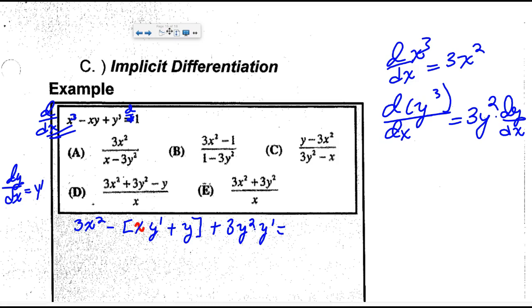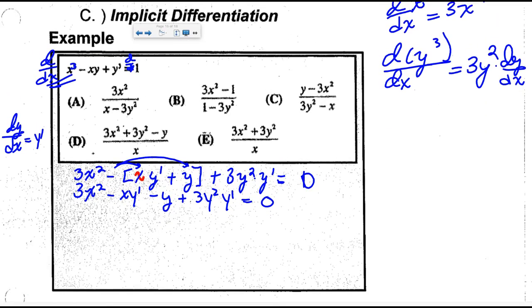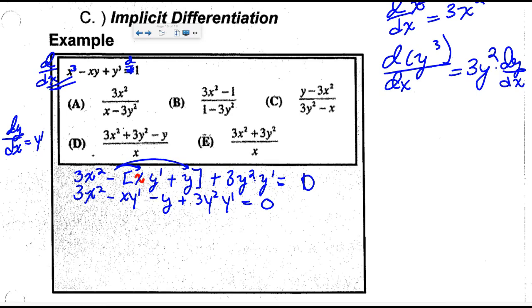The derivative of any constant is just 0. I would distribute the negative in. I'd get a 3x squared minus xy prime minus y plus 3y squared y prime equals, sorry, that should be a 0. The derivative of 1 is, or any constant, is 0.